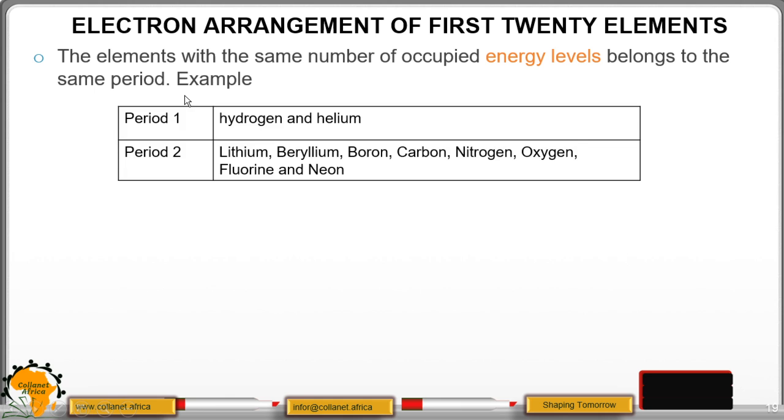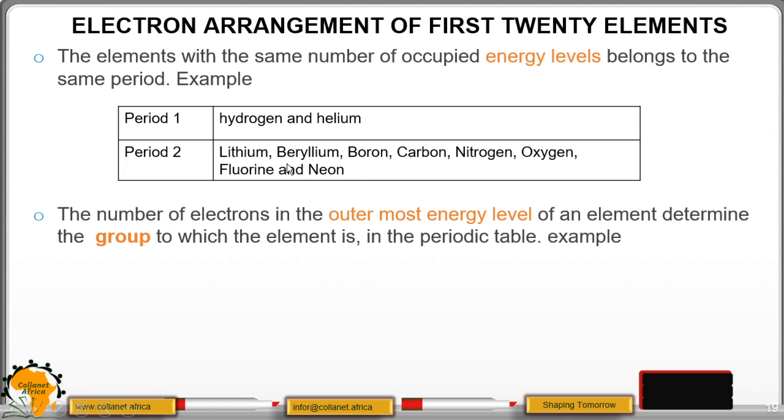For example, in period 1 we have hydrogen and helium, so they have only 1 energy level. In period 2, we have lithium, beryllium, boron, carbon, nitrogen, oxygen, fluorine, and neon. These have 2 energy levels, and period 3 elements have 3 energy levels.